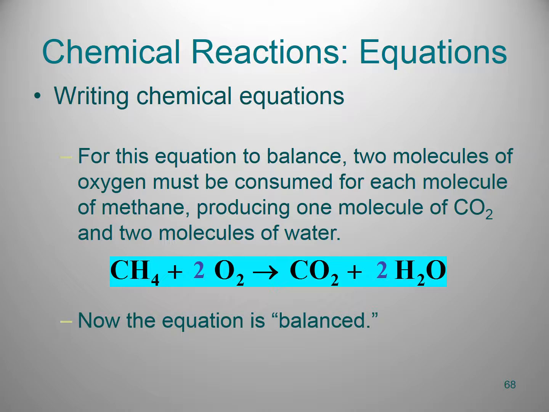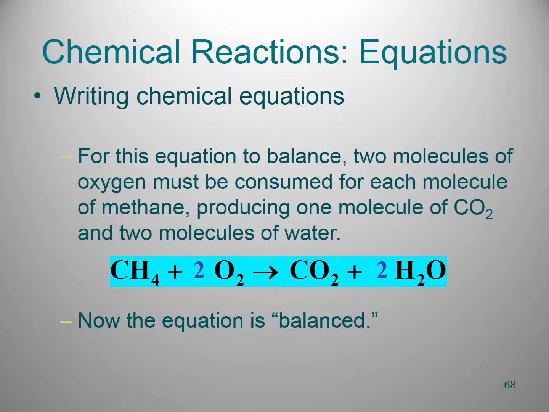There's 4 hydrogen on the left, but now that we wrote the 2 in front of H2O, there's 2 H2Os, which means there's 2 times 2 or 4 hydrogen. On the left-hand side, we have 2 times 2 or 4 oxygen atoms, and on the right we have 2 combined with the carbon, and then 2 times 1 for the waters, and so there's 4 oxygen.